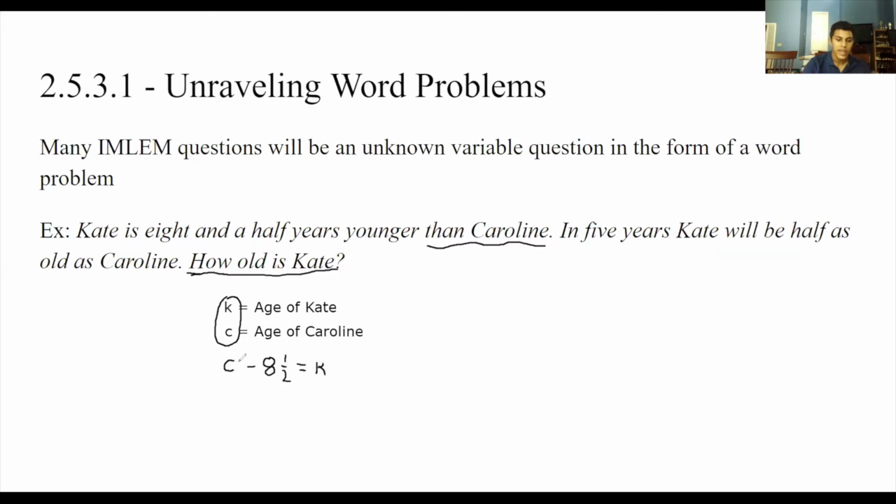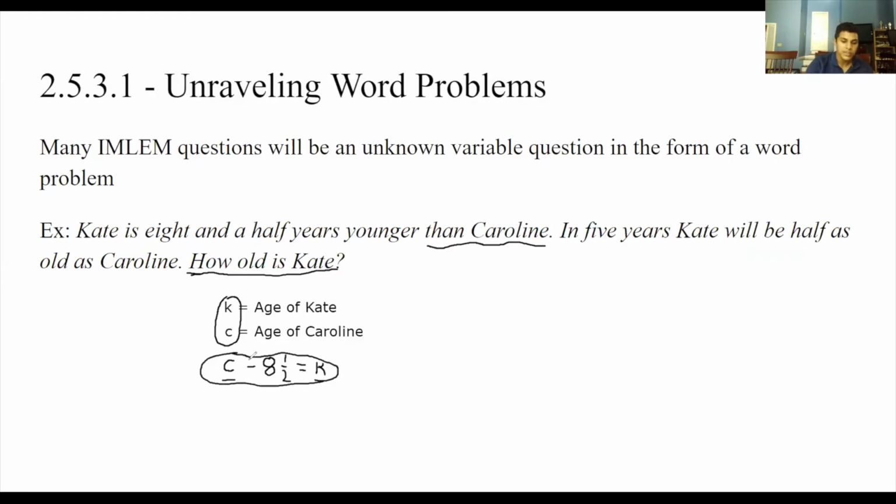So therefore, Caroline's age minus 8.5 years, or 8.5 years less than Caroline's age, should be equal to Kate's age, which is why I do C minus 8.5 equals K. All right, so this is our first equation, C minus 8.5 equals K.